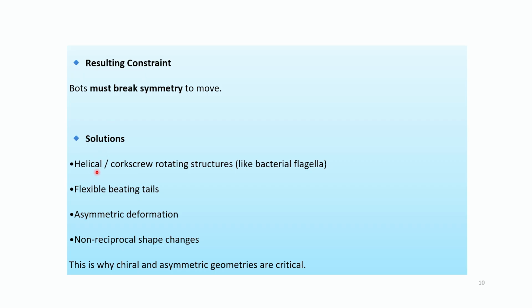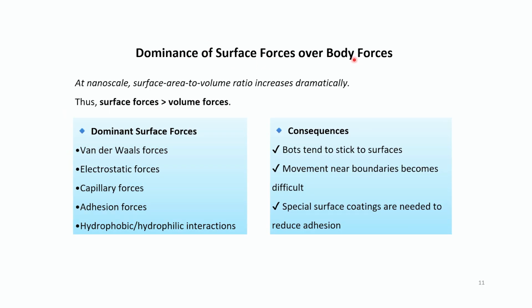So solutions are helical corkscrew rotating structures like bacterial flagella, or flexible beating tails, or asymmetric deformation, or non-reciprocal shape changes. This is why chiral and asymmetric geometries are crucial, so that we are able to create some net displacement.